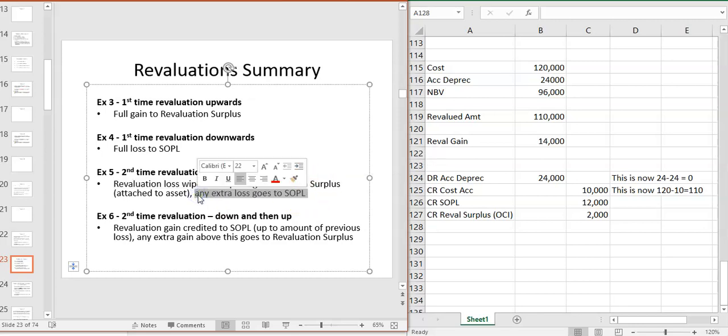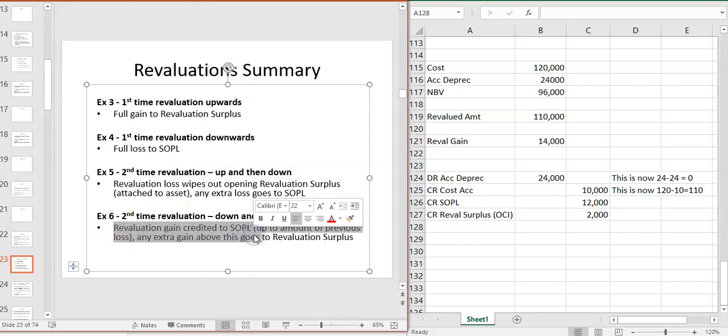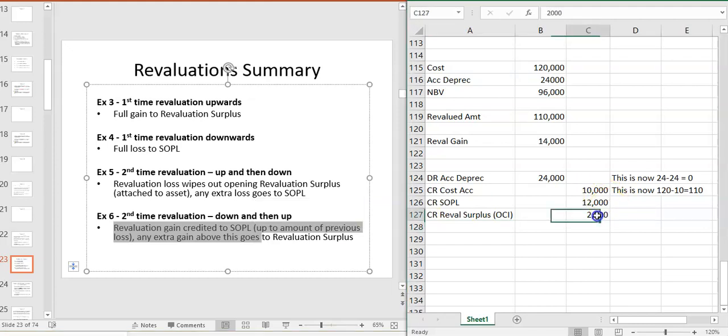For 6, it was an initial revaluation downwards, which would have hit the P&L, and then a subsequent revaluation upwards. Any reval gain now in the second revaluation can credit to the P&L to reverse that previous loss. Any gain above that, like we have here, that surplus goes to the OCI. So really, you can only reverse it up to the original entry.